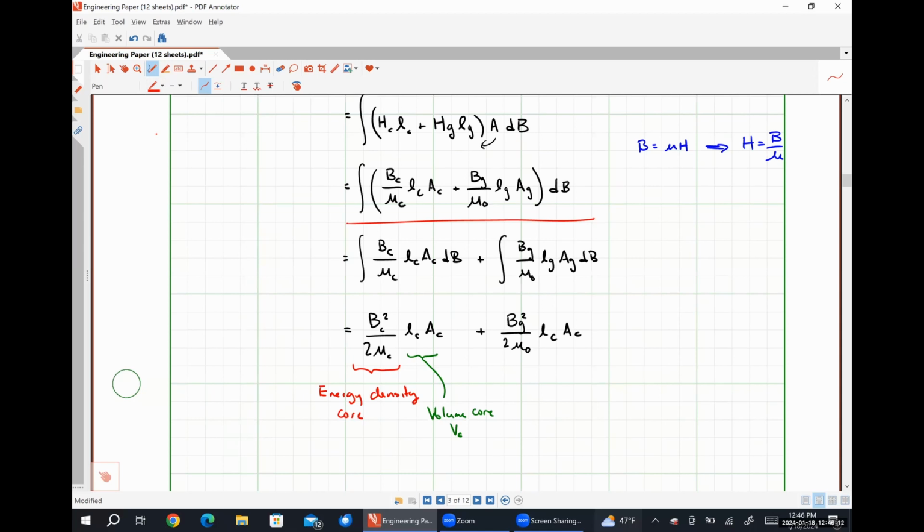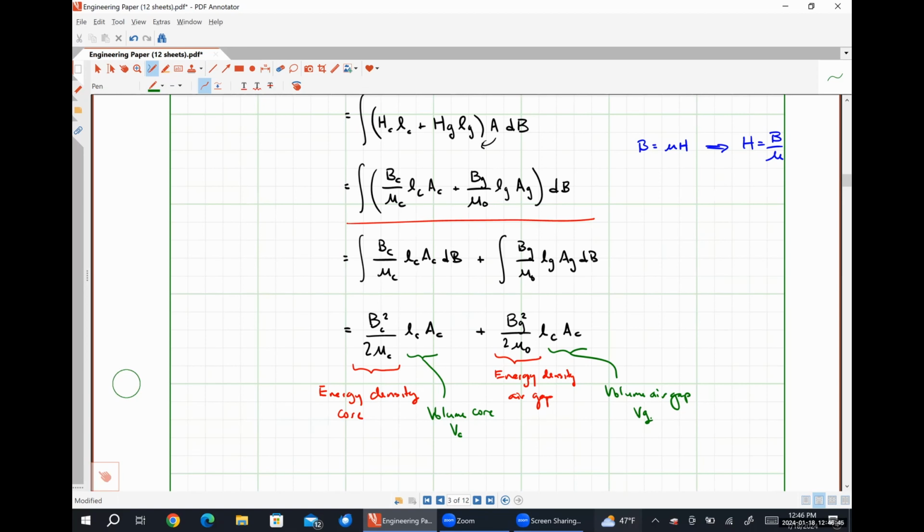And then we have something similar over here on the right-hand side. We have the energy density in the air gap. And then we have the volume of the air gap, which I might call V sub G.